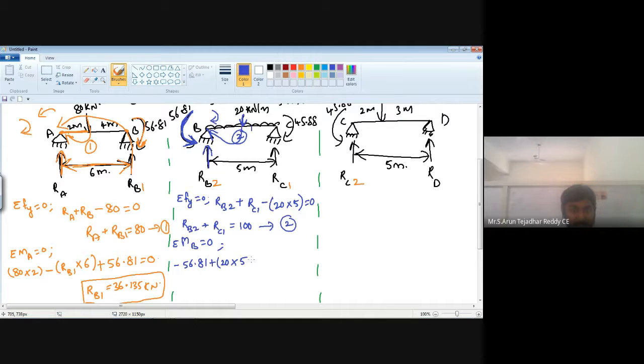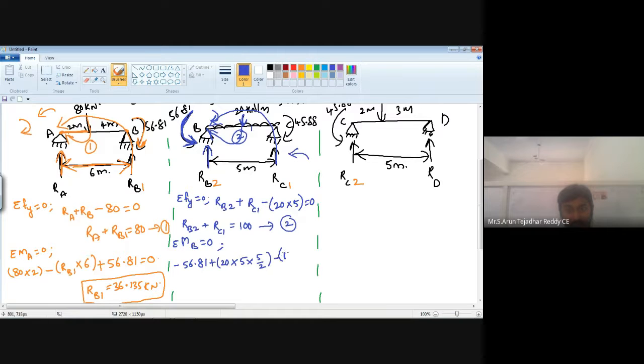Next, this is a UDL, so span by 2, that is 5 by 2. Okay. Next, one reaction is acting, RC1. How is it moving? It is moving in this direction, that is anti-clockwise direction.